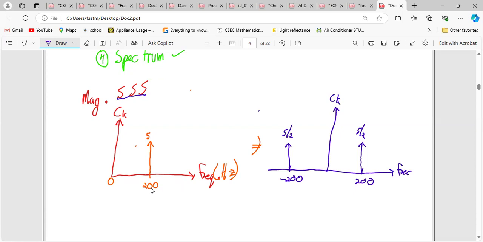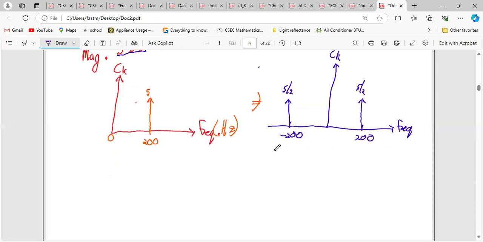c_k against frequency, and that is the double-sided spectrum. That's it. And you could just write a statement or a sentence stating that to go from the single-sided to the double-sided, the magnitudes will halve and the frequencies invert. Actually, when you do the exponential form, you'll see that it is c_k on 2.